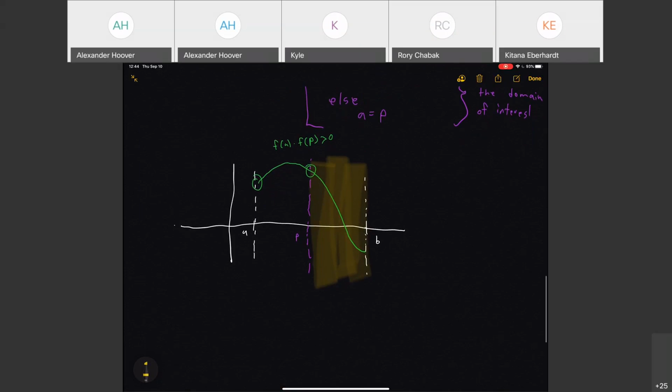Then you treat this as your new A, and you take another midpoint and see where that lands you.